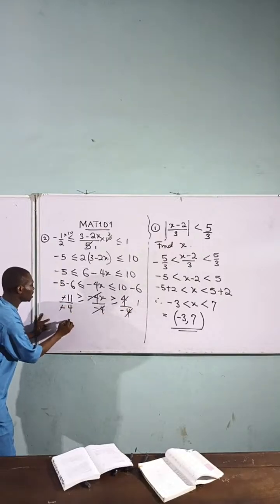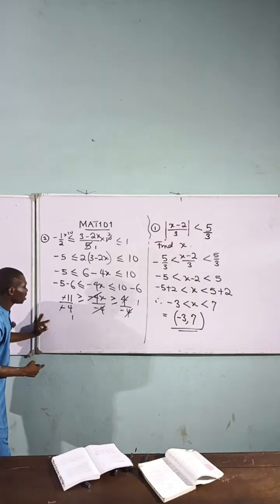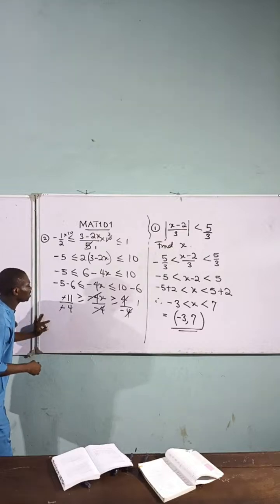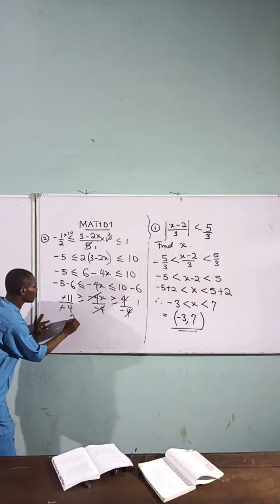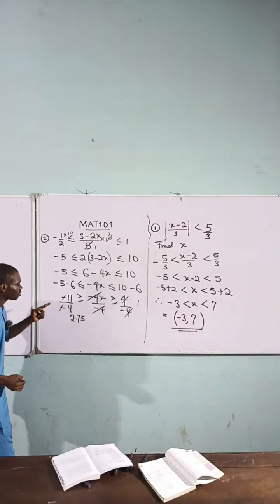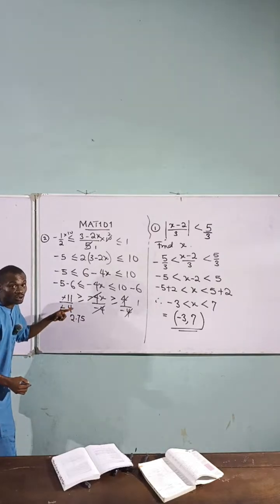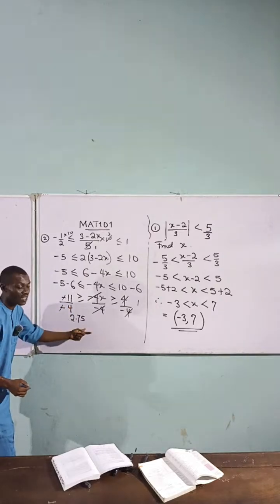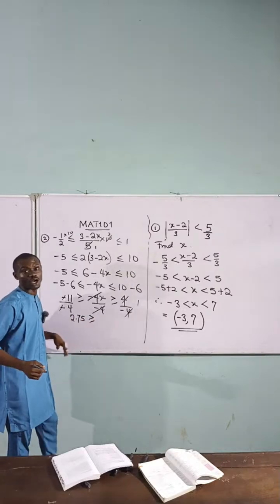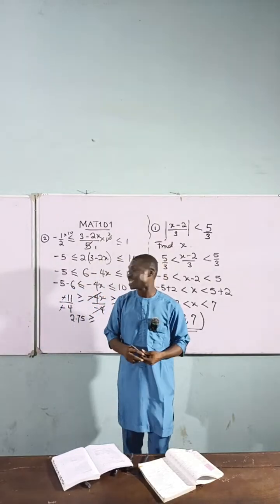So that means we now have 11 over 4, which I want to put in decimal, which is going to be 2.75. If you divide it yourself, you will see it. That's 2 whole number, 3 over 4, and you know 3 over 4 is 0.75. That's how I got this. Tomorrow you may not be using a calculator, so somebody will be asking how I got that.